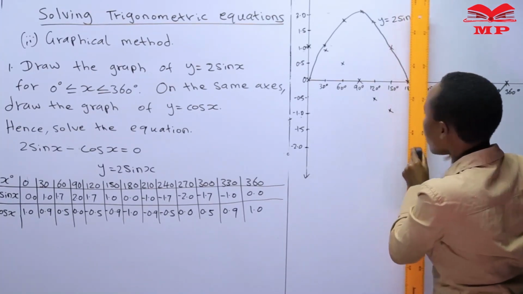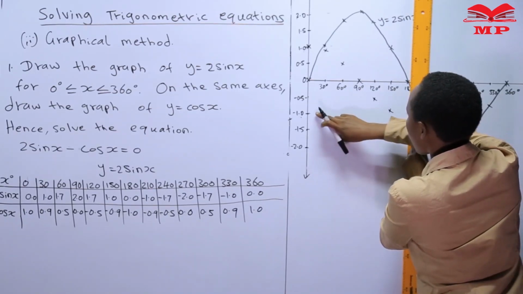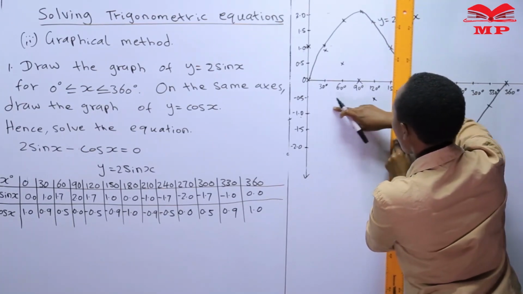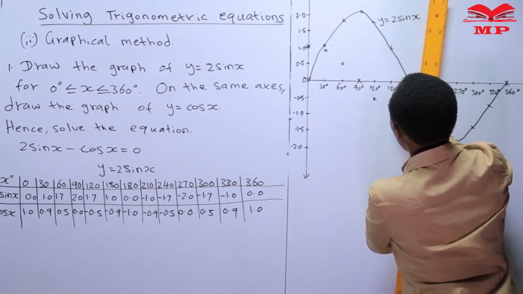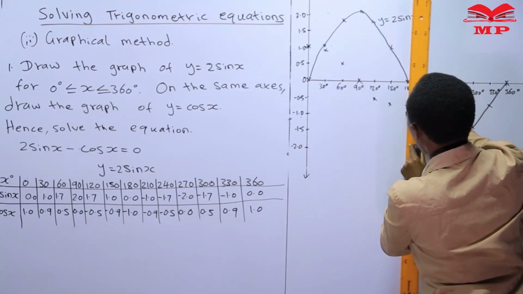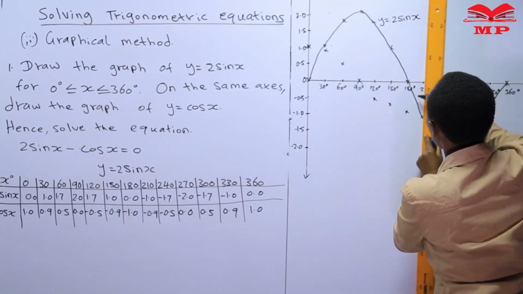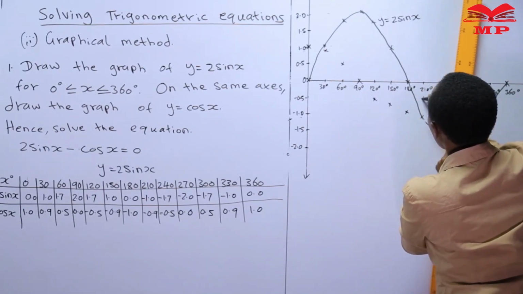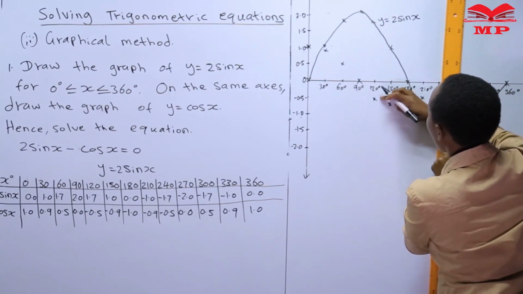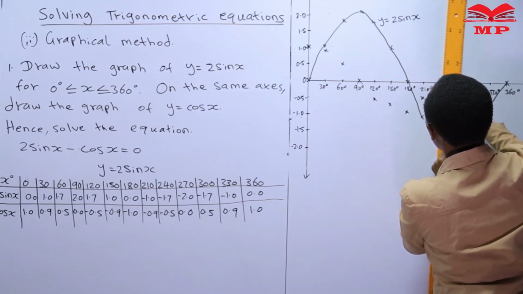Sorry, this is 0.9 for 150. It should be here. Then for 180, we have -1, which is slightly lower here. Then 210, we have -0.9. Then 240, we have -0.5, somewhere here.